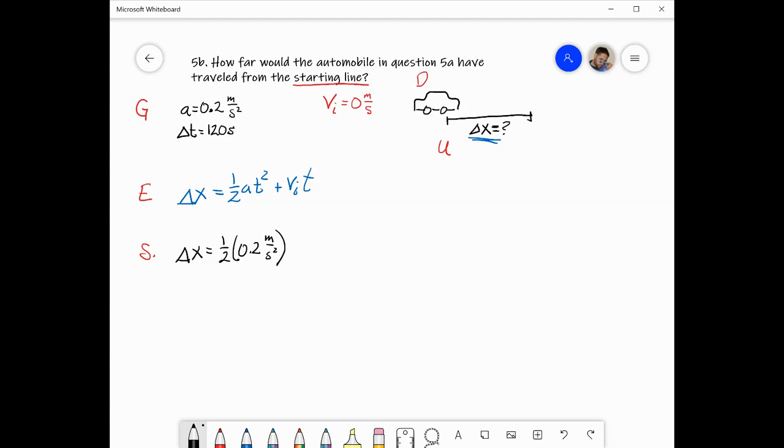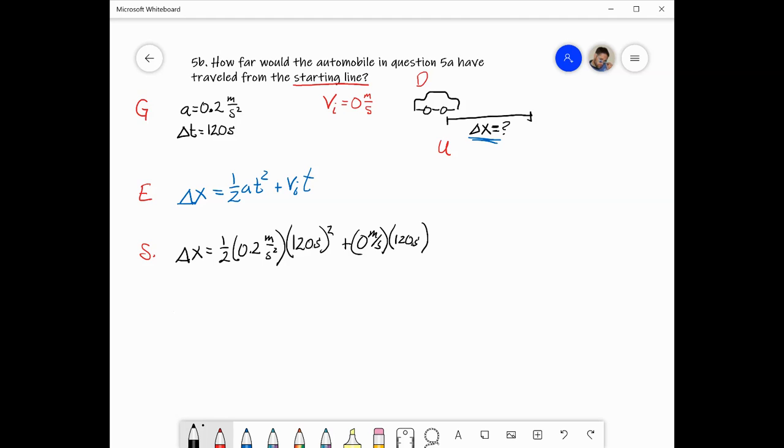And then my time is this 120 seconds. So I'm going to put that in there, 120 seconds. Ooh, that's a really bad S. Try that again. Seconds. And that whole thing is squared plus my initial velocity, which is at the starting line. So I can write this in if I'd like to, 0 meters per second. And then I'm going to multiply that again times the amount of time.